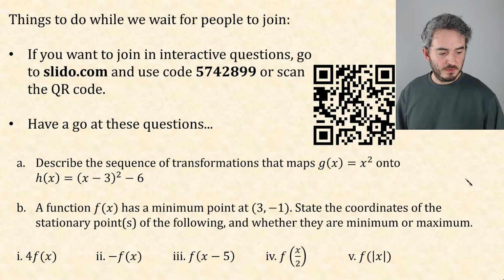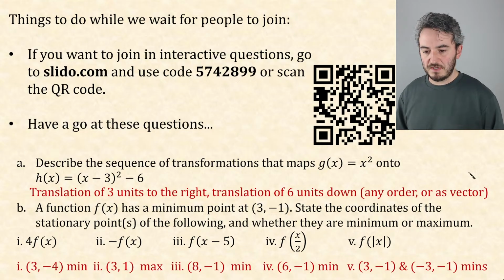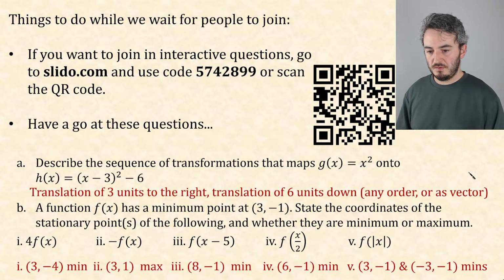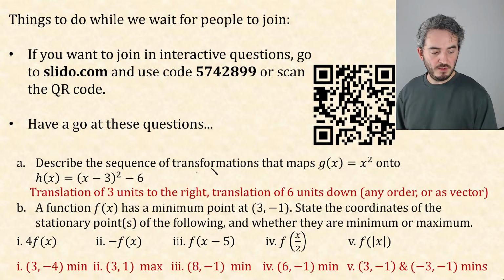All right, going to get started now. So here are some answers to those questions. We'll go over this today, by the way, so if you were not sure about any of this, do not worry.